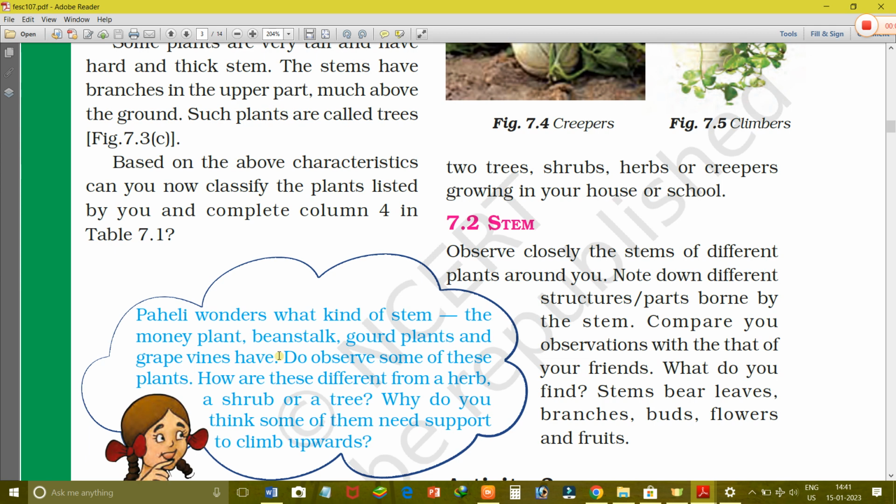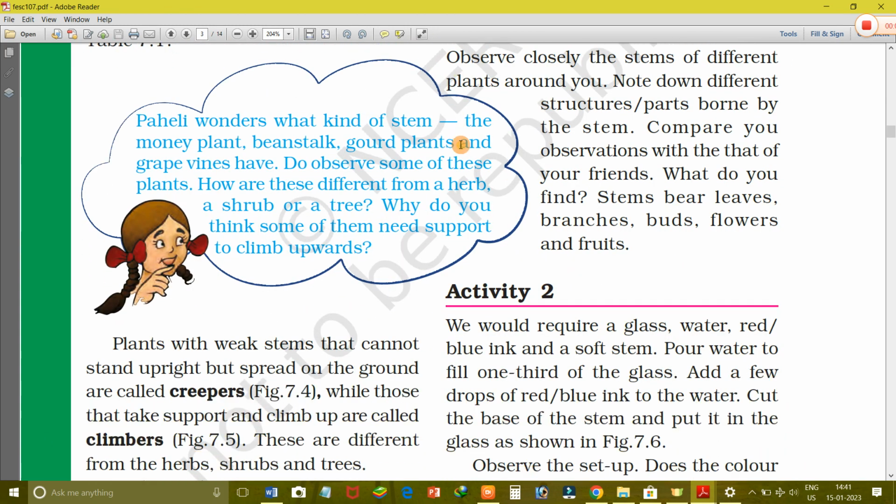Do you observe some of these plants? How are these different from a herb, a shrub, or a tree? Why do you think some of them need support to climb upward?